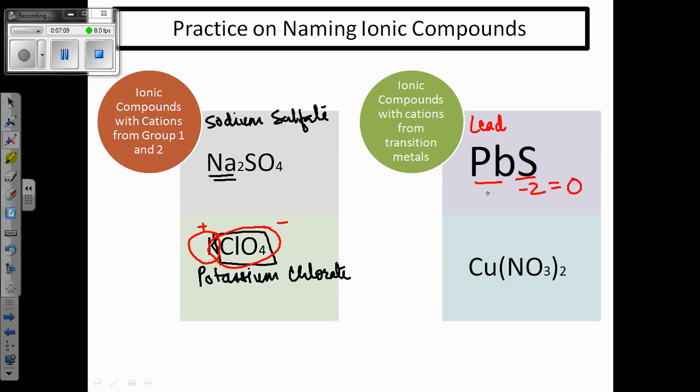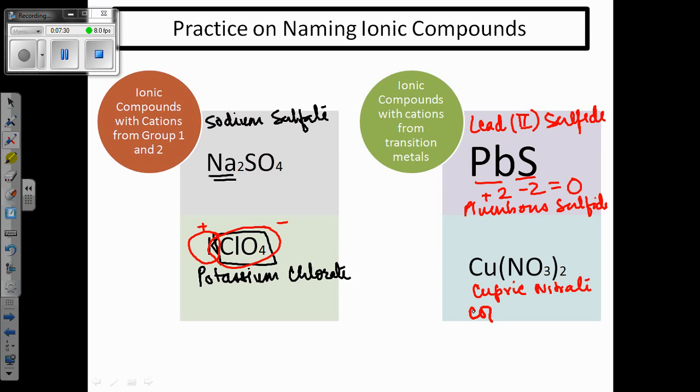If this is 2 minus, then lead's charge should be plus 2. Hence, you know this is lead(II) sulfide or plumbous sulfide. Similarly, this one is cupric nitrate or copper(II) nitrate.